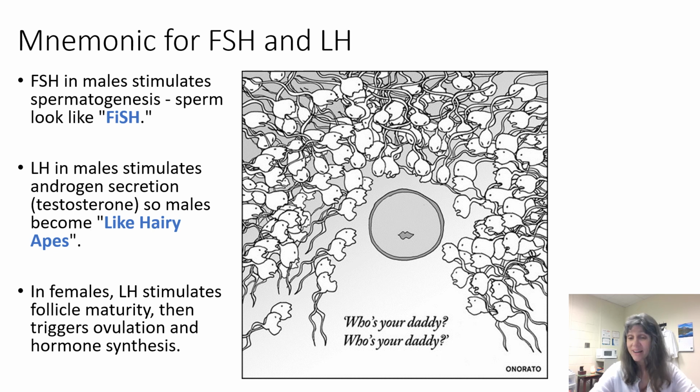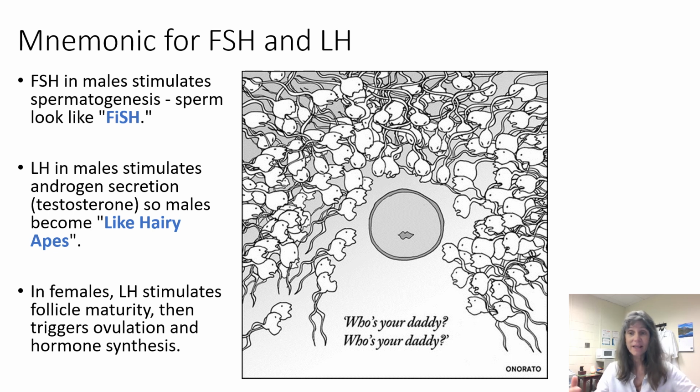There is a mnemonic that's kind of fun for follicle stimulating hormone and luteinizing hormone. If you think of FSH or FISH, it stimulates spermatogenesis. That's the creation of sperm in males. So sperm look like fish because they've got the little tails. And we know that luteinizing hormone in males stimulates the secretion of androgens, testosterone.